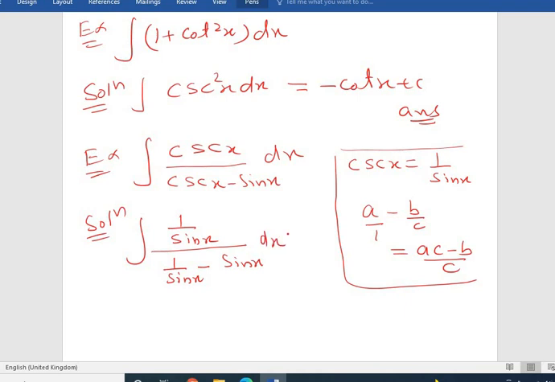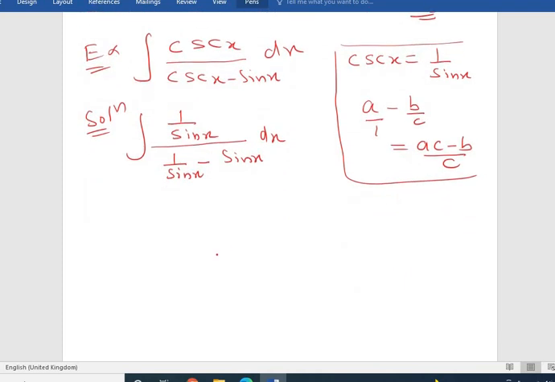Just simplify by using the algebraic way. Now what happens? Now simplify it. So when you simplify, it becomes 1 divided by sin x, and divided by this multiplied by this one. So it becomes 1 minus sine multiplied by sine is sine square x divided by sine x dx. Now just simplify it.